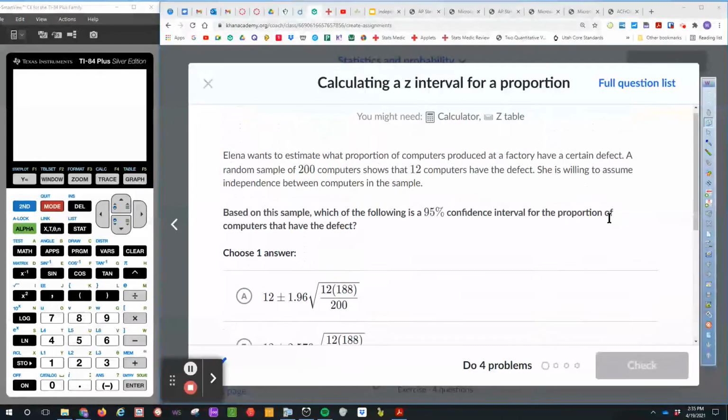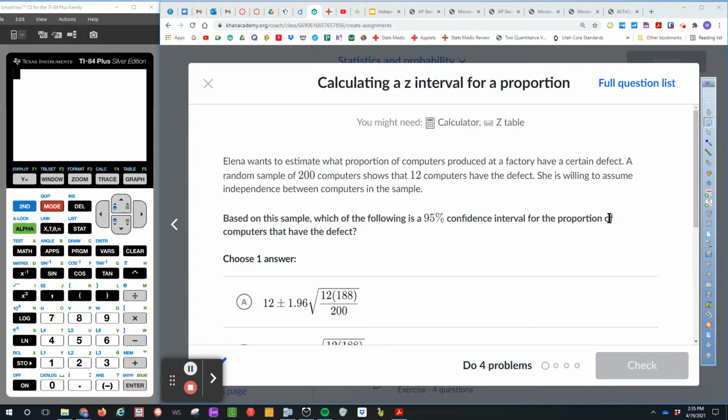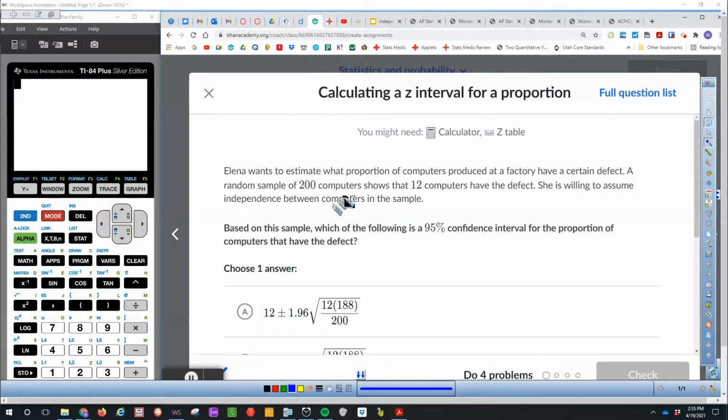Okay, so before we start, let's talk about what the z interval does. Here we are supposed to find a 90% confidence interval. A confidence interval is used to estimate the true population, in this case, the true population proportion.